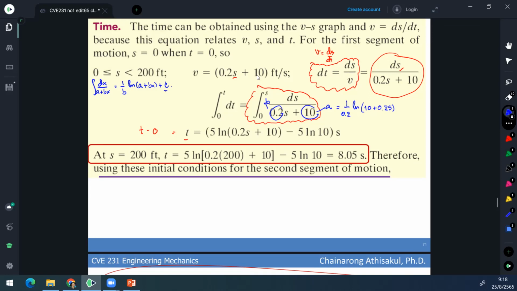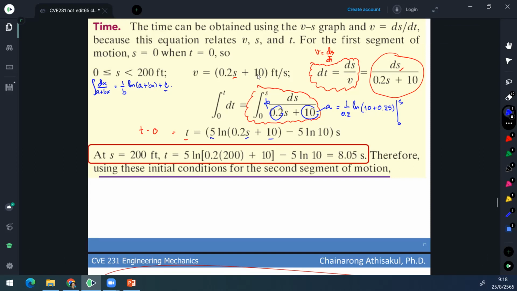But now we have the limit of integration from 0 to s. When we substitute s equal to s first, 1 over 0.2 is equal to 5, and log of 10 plus 0.2 s, we substitute s into this term.